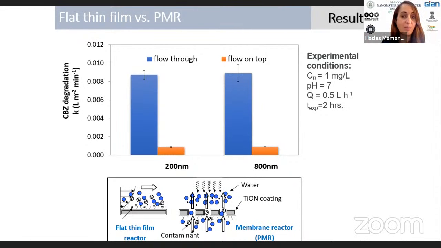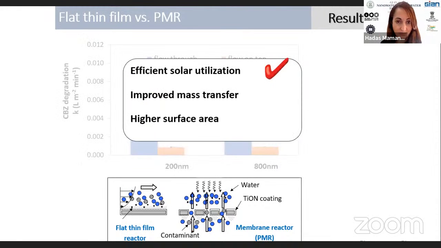This happened with both the 800 nanometer membrane and the 200 nanometer membrane. So we actually had efficient solar utilization, improved mass transfer, and higher surface area.